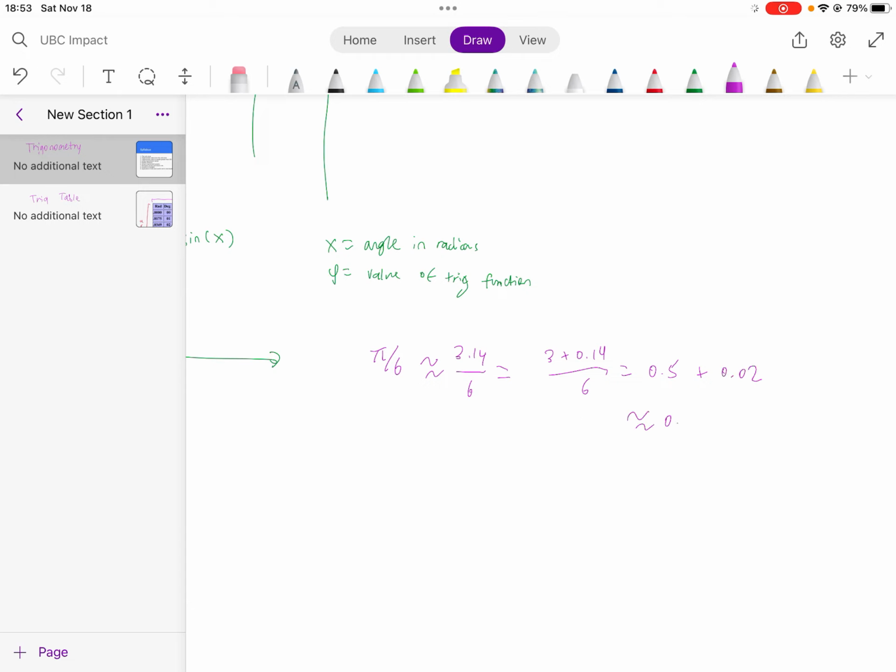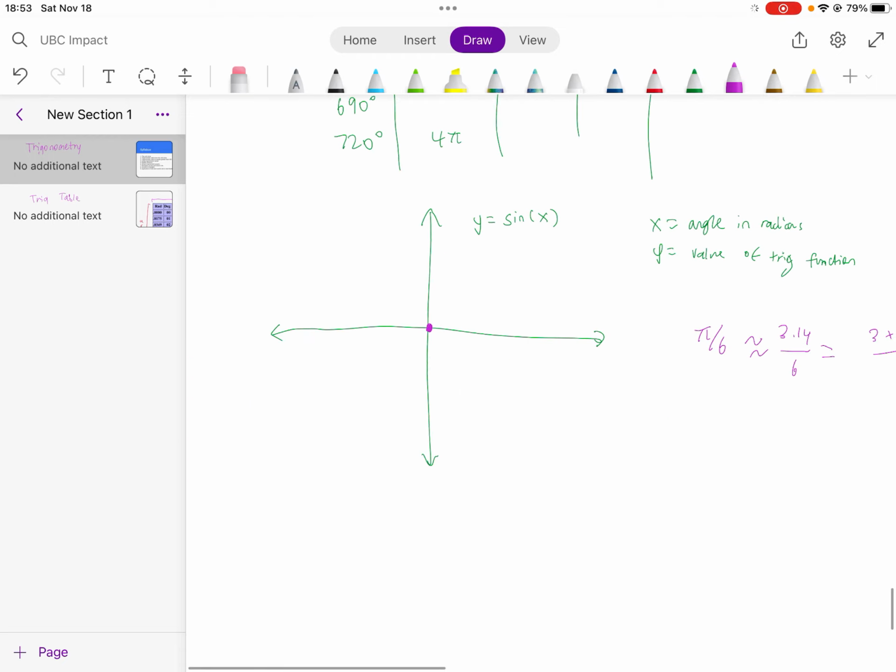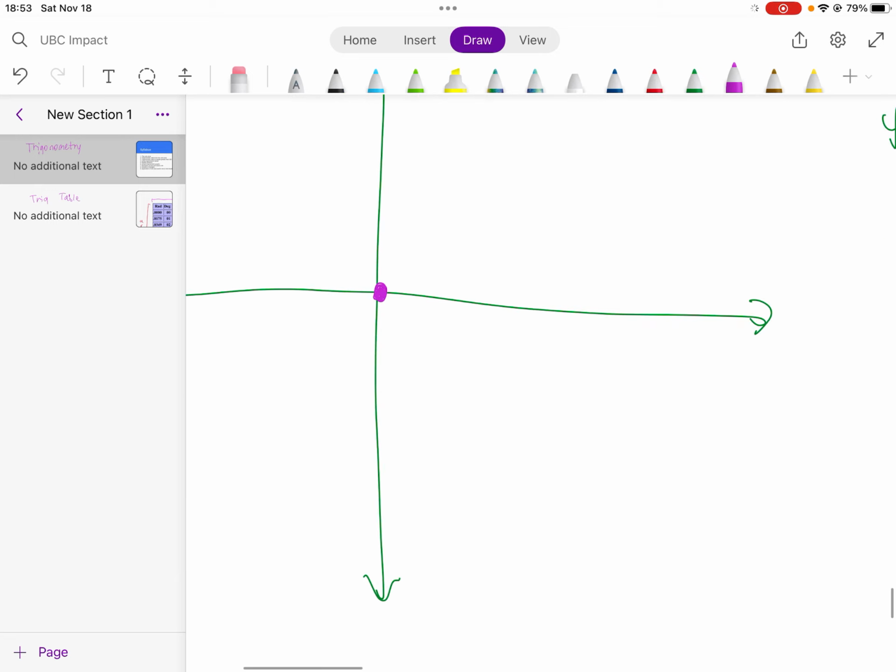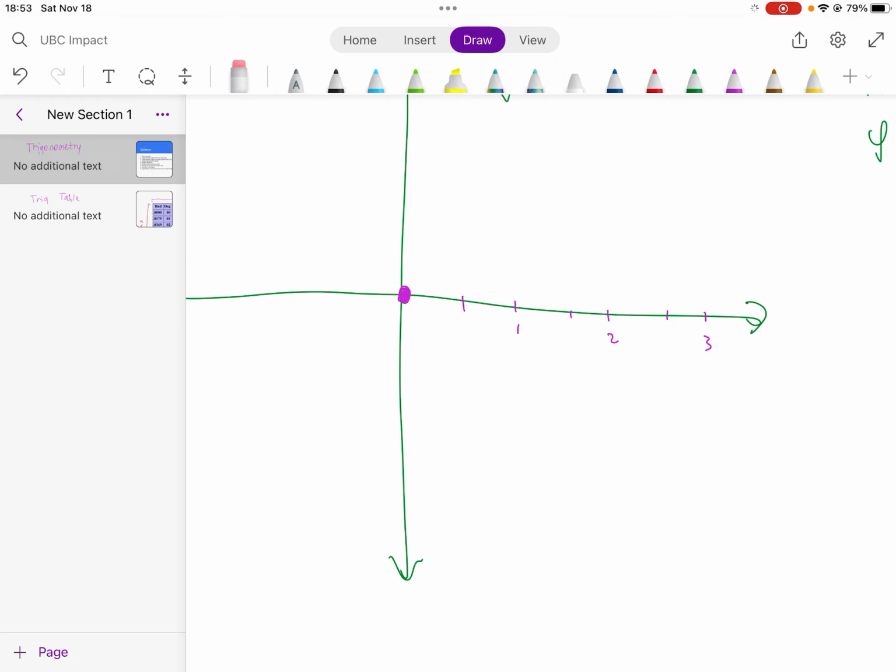So this entire thing is about 0.52. Again, these are approximations, not exact values. I'm too lazy to use a calculator. So at about 0.52, let's mark 1, 2, 3, etc. Probably make this longer.